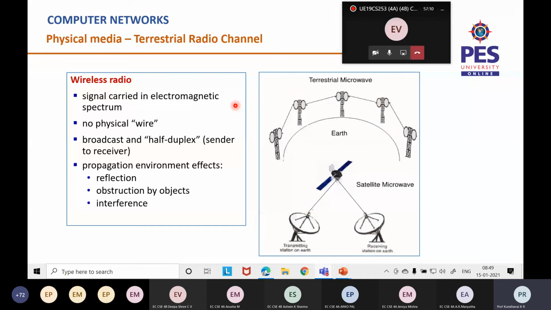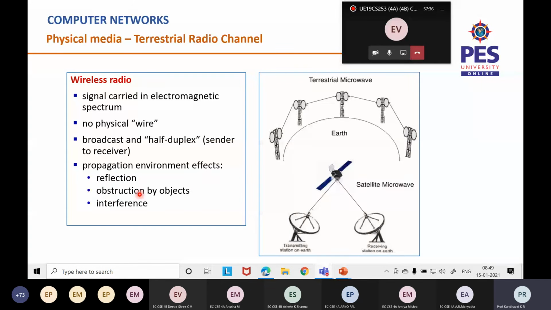So the propagation environment effects are reflection. Reflection in the sense sometimes signals may get reflected back to its origin rather than being carried away. So these could be the effects of a wireless transmission.